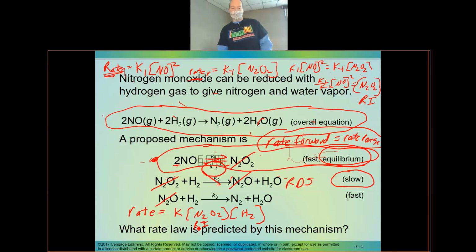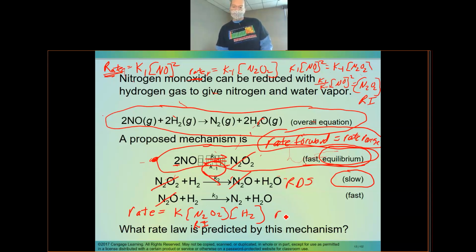So back down here to our rate law, here is our reaction intermediate. By using our definition of equilibrium, we see that we can substitute N2O2, we have solved for it. It is equal to K1 over K minus 1 NO squared. So you do a substitution.